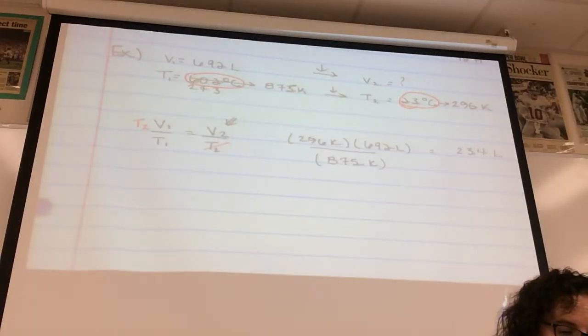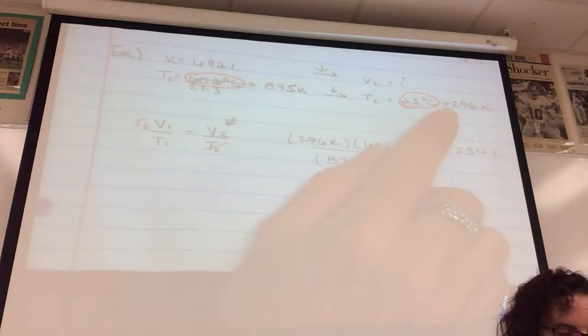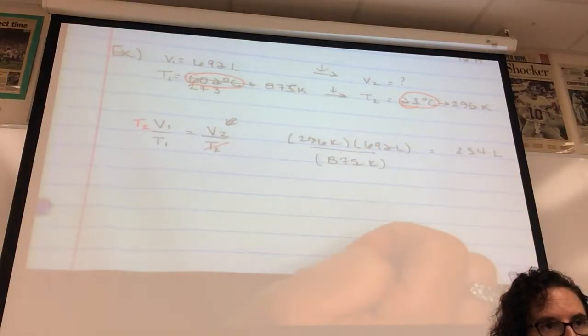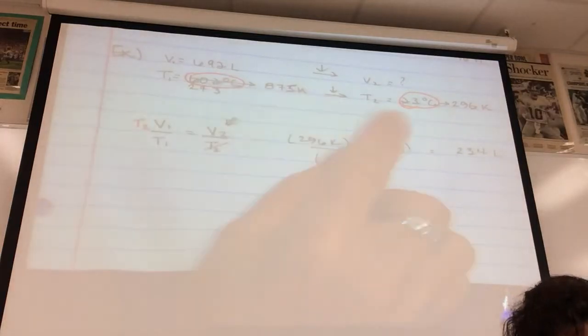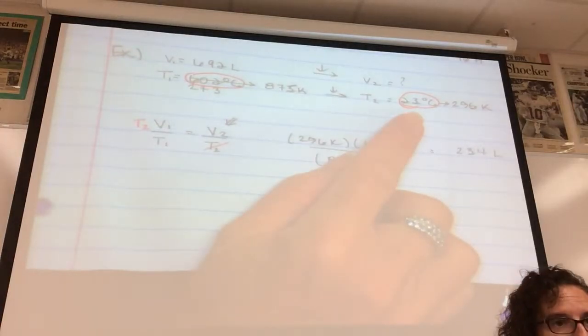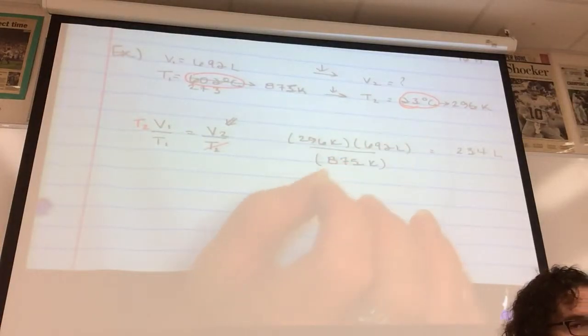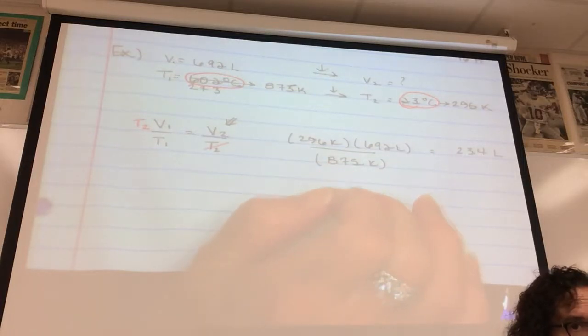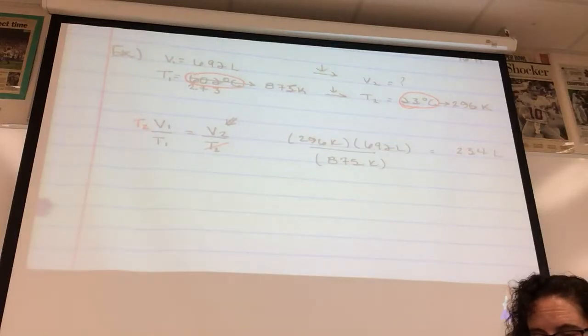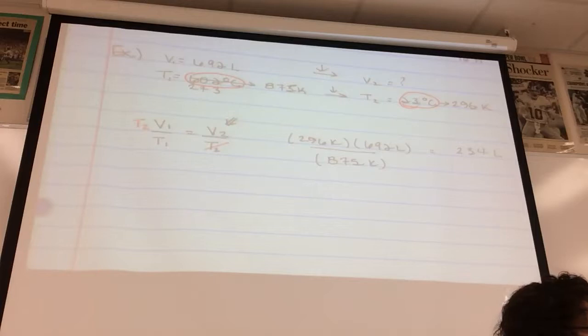Because if you were to divide 875 by 296, you can see that the temperature decreases almost by a factor of 3. But if you divide 602 by 23, that temperature decreases by a factor of 26. So the direct proportionality is not based on the temperature in degrees Celsius, only Kelvin. Be careful with that concept.